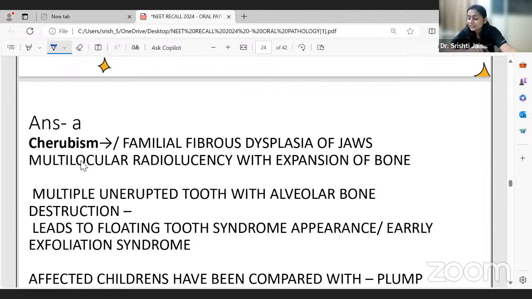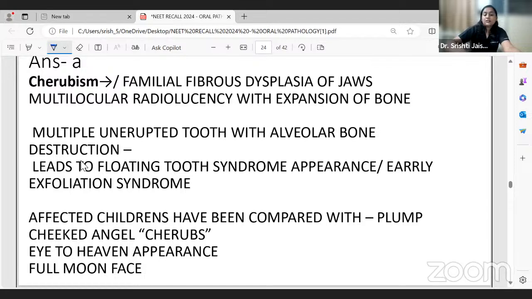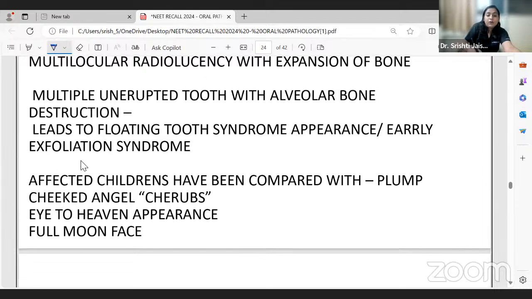Okay, so what is cherubism? It is also called as familial fibrous dysplasia of the jawbone. Now, what do we see? There is a multilocular radiolucency or the expansion of the jawbone because of the increased osteoclast, and then there is an increased formation of the bone. Now, see, the main clinical feature here, what you have to see is there. It is also called as floating tooth syndrome or floating teeth appearance.